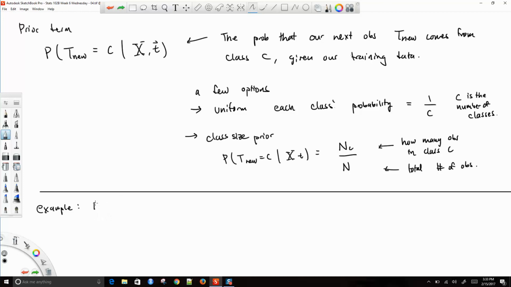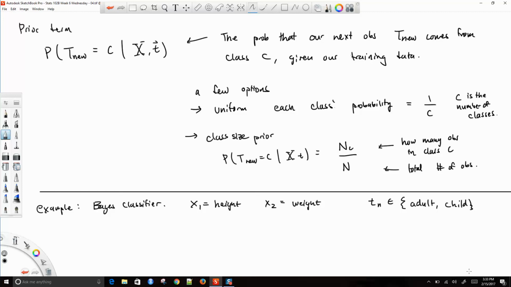We have x1, which will be someone's height, and x2, which is someone's weight. And the classes T sub n will either be an adult or a child.